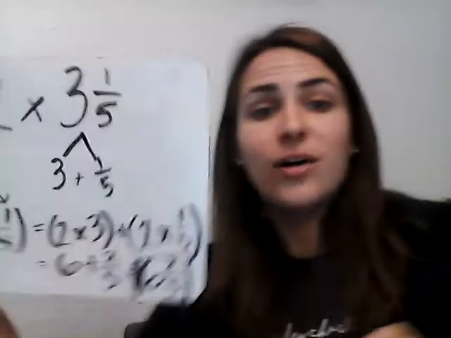Alrighty, you guys. So I'm going to give you one problem to solve on your own, and I encourage you to use a tape diagram and the distributive property. Now, we really want to work on using the distributive property, right? But it is also so important as mathematicians to know how to use multiple strategies.